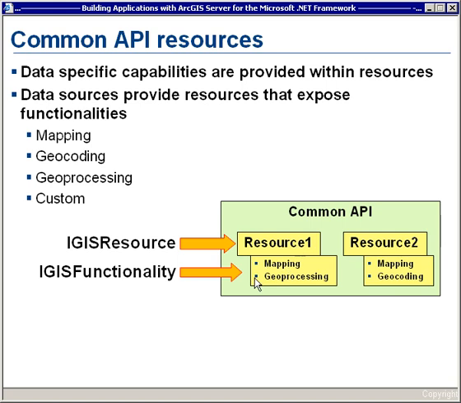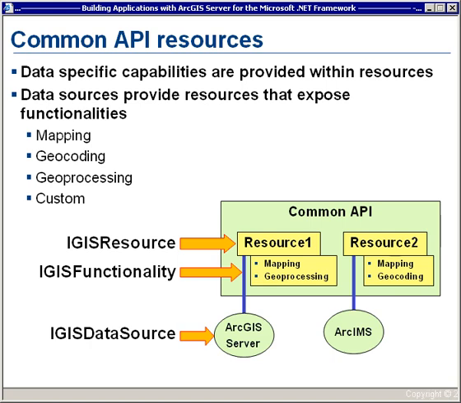These resources contain differing levels of functionality, like resource 1 has mapping and geoprocessing, where resource 2 has mapping and geocoding. When I'm working in the Common API, I could just work with these and use the classes to interact with these. For example, I might be using the ArcGIS functionality with those. And really, that's all I need to worry about.